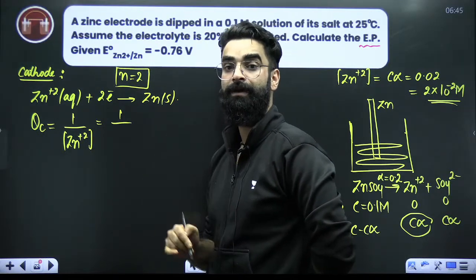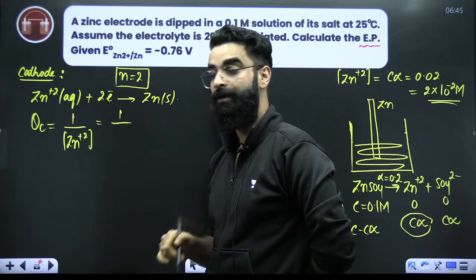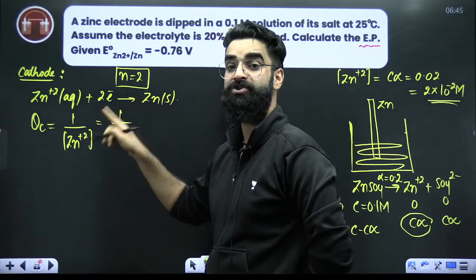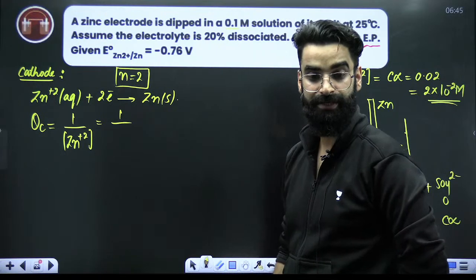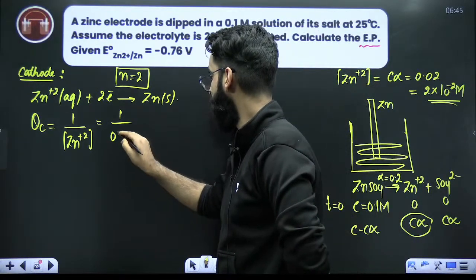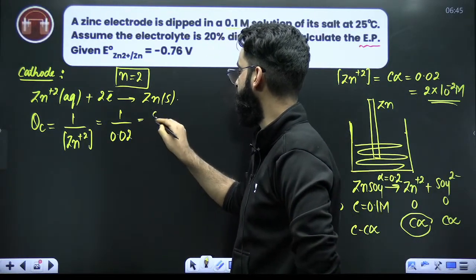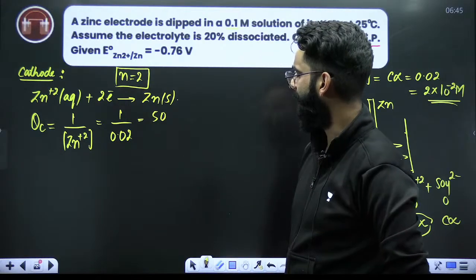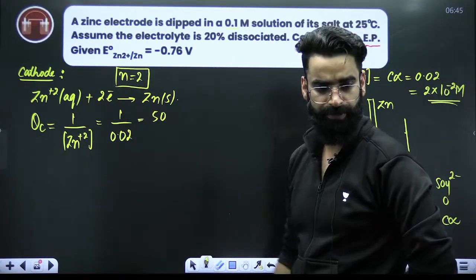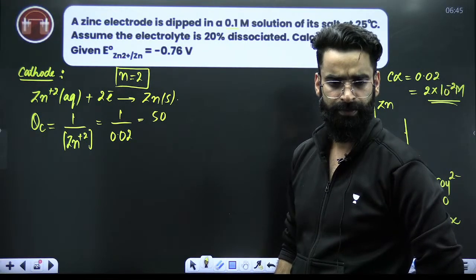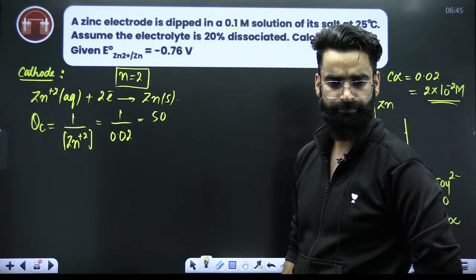Now tell me one thing. What is the concentration of zinc di-positive when 20% electrolyte is dissociated? That is 0.02, right? This value comes out to be 50. So QC value I got, right?